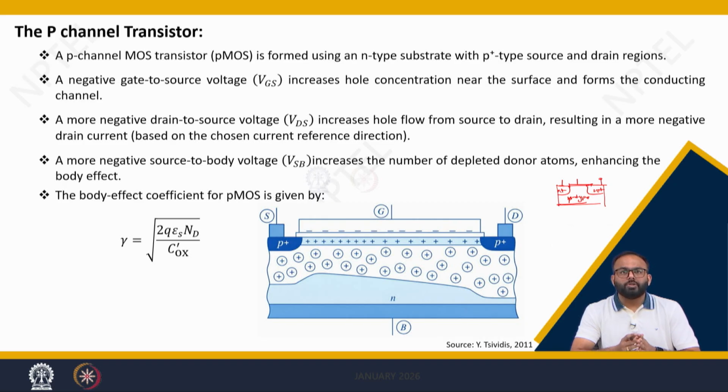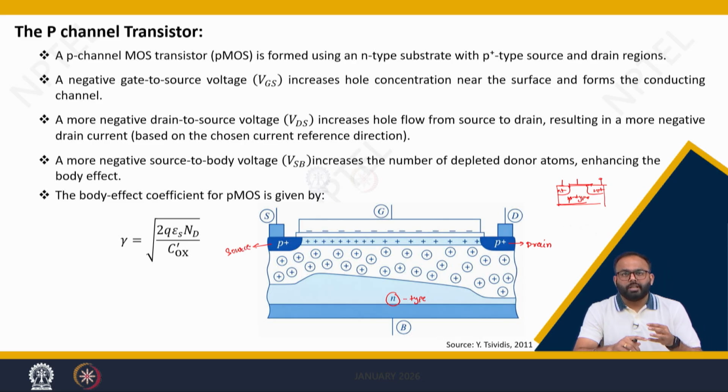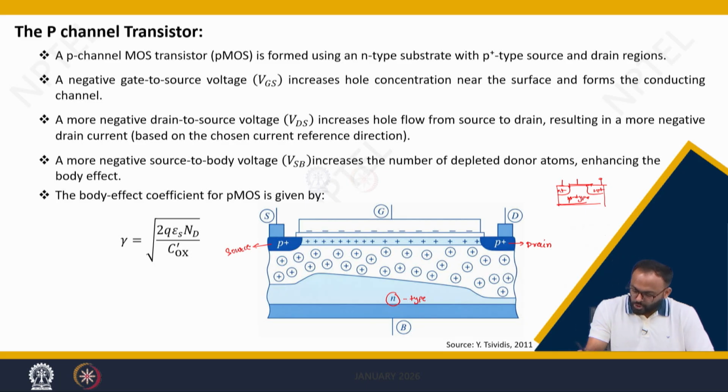However, we can also design a different type of transistor which is just opposite to the n channel transistor, which is nothing but a p channel transistor. In a p channel transistor, the substrate or the body is made up of n type, and the source and drain are made up of p type semiconductor, or p plus. Now the phenomena we have discussed, like weak inversion, depletion, moderate inversion, strong inversion, everything will hold good, but here the polarity of the voltage will be reversed. So you need to apply a negative voltage.